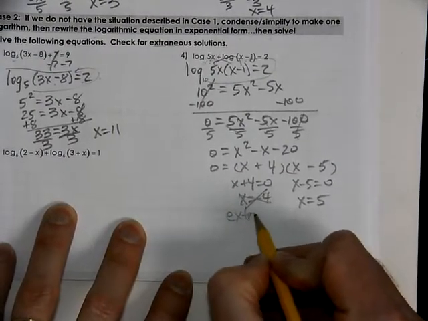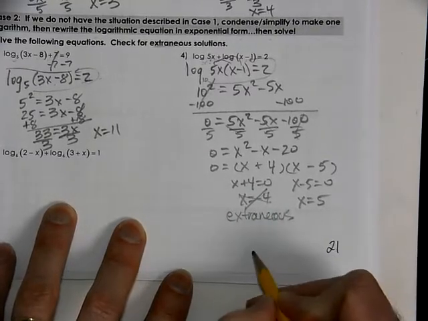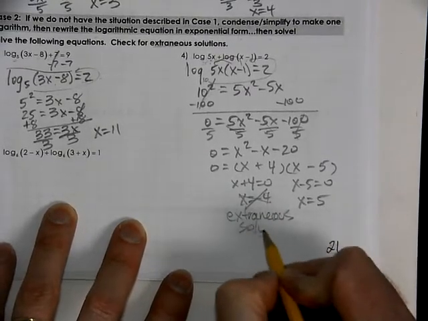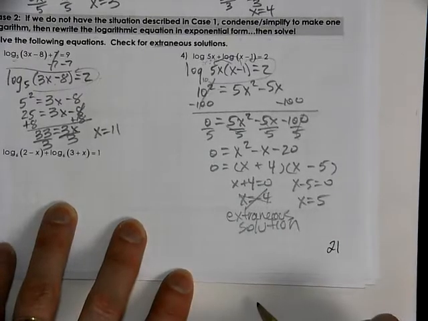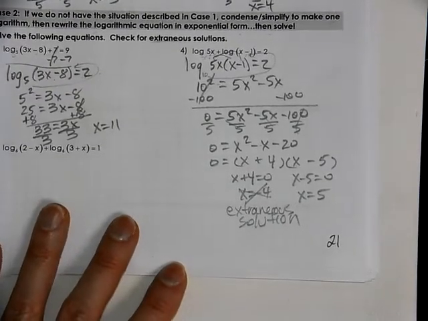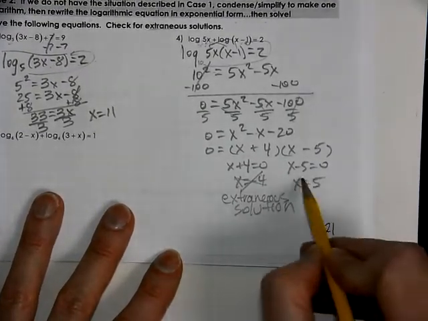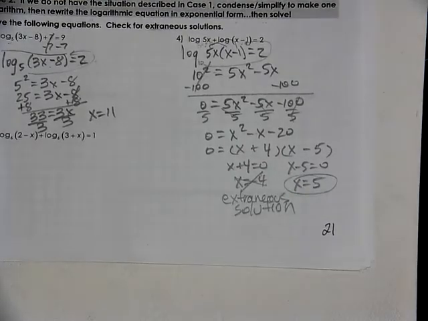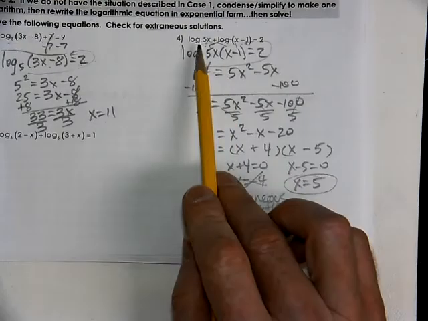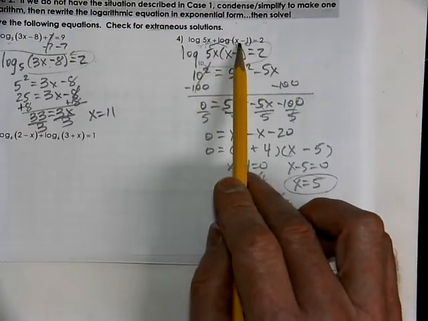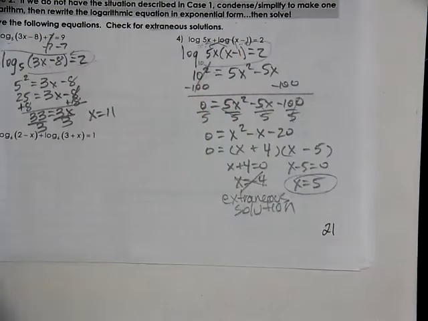This is an extraneous solution. We put a light X through the answer, and we circle our real solution. When you plug 5 in, 5 gives you 25, 5 gives you 4, so we're all set.